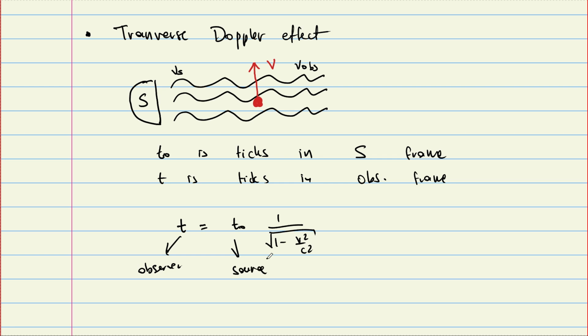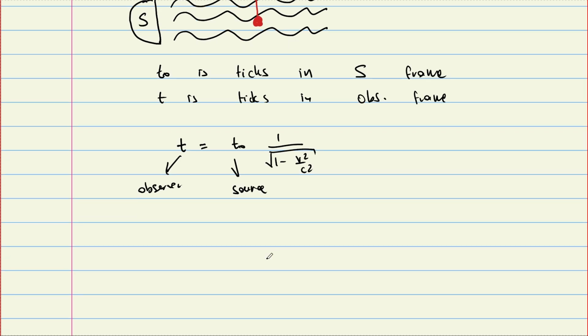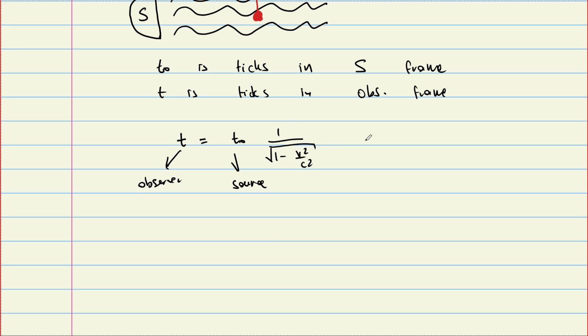I think I shouldn't have changed my notation. Now I want to write this like 1 over T is equal to 1 over T naught 1 minus V squared over C squared. And for 1 over T, I'm going to write nu. This is nu naught.